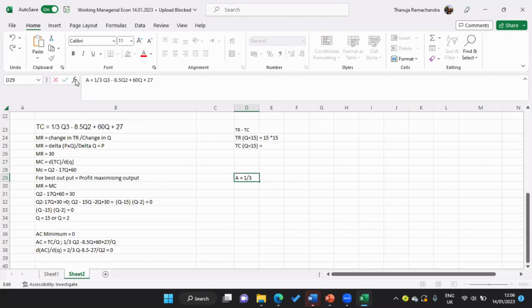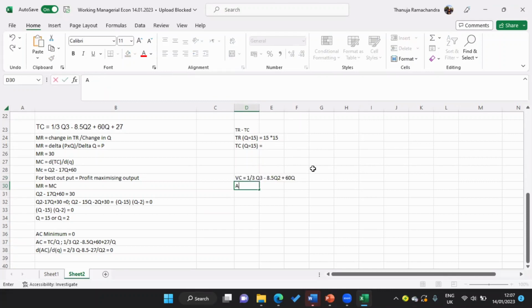We say variable cost, sorry. For the variable cost, we remove this 27, isn't it? That is the variable cost.